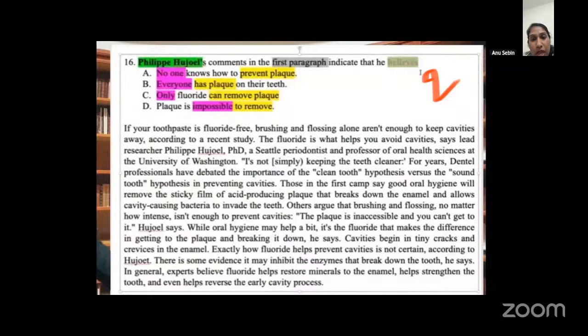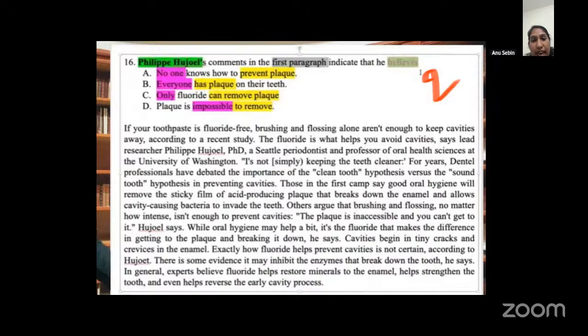Those in the first camp say good oral hygiene will remove the sticky film of acid-producing plaque that breaks down the enamel and allows cavity-causing bacteria to invade the teeth. Others argue that brushing and flossing, no matter how intense, is not enough to prevent cavities. The plaque is inaccessible and you can't get to it, Hujoel says. While oral hygiene may help a bit, it's the fluoride that makes a difference in getting to the plaque and breaking it down, he says.